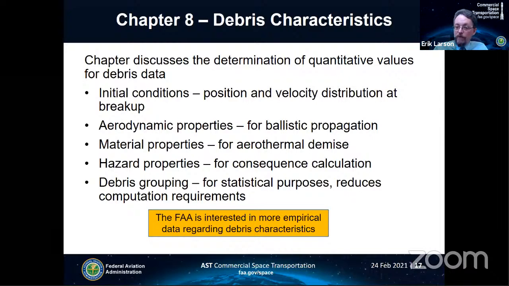The FAA is also interested in more empirical data regarding any debris characterization, both breakup events and intact events. This is certainly an area of research that could be improved, and AST has been trying to gather data from past events and accidents and do tests to try to understand better what happens when a vehicle breaks up or impacts.